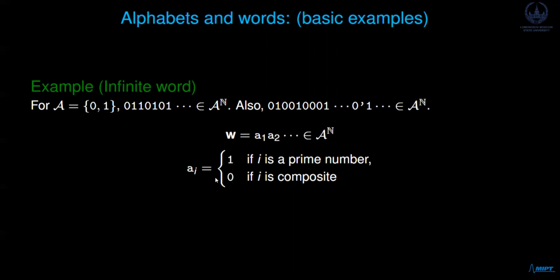This gives us an interesting infinite word that encodes mathematical properties into a sequence of zeros and ones. For example, positions 2, 3, 5, and 7 in the sequence will be 1, since these are prime numbers, while positions 4, 6, 8, 9 will be 0, since they are composite.